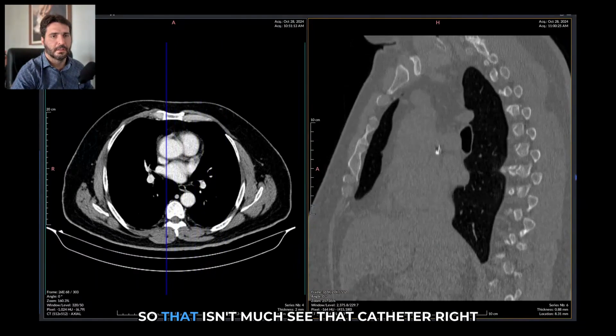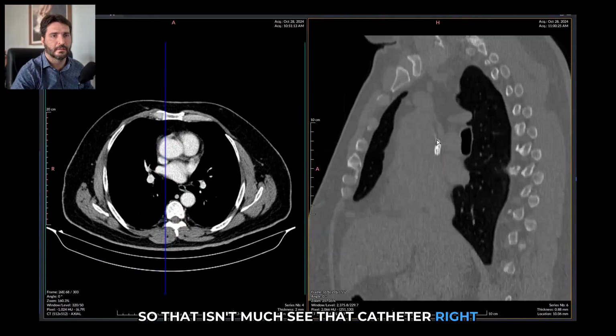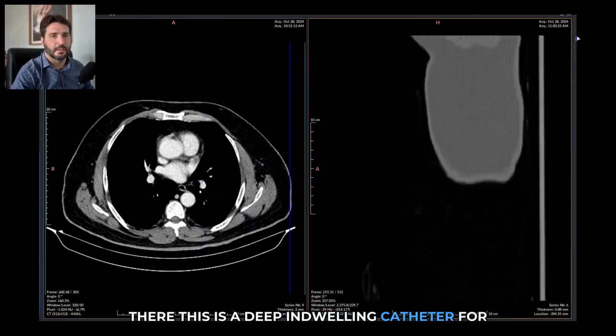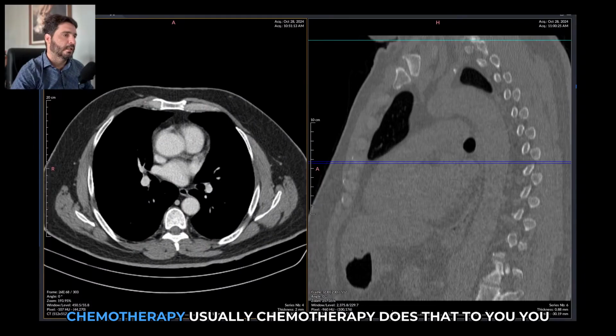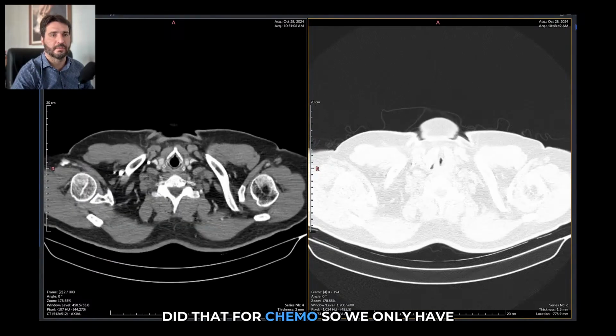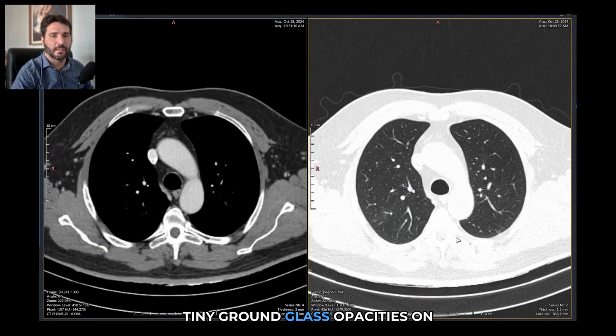So there isn't much. See that catheter right there? This is a deep indwelling catheter for chemotherapy. Usually chemotherapy does that to you. So we only have tiny ground glass opacities.